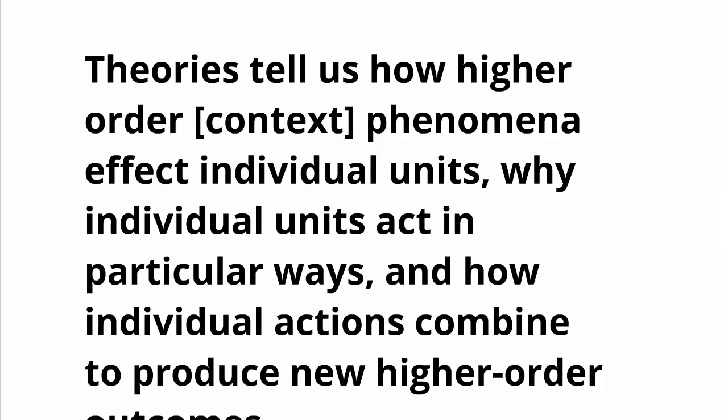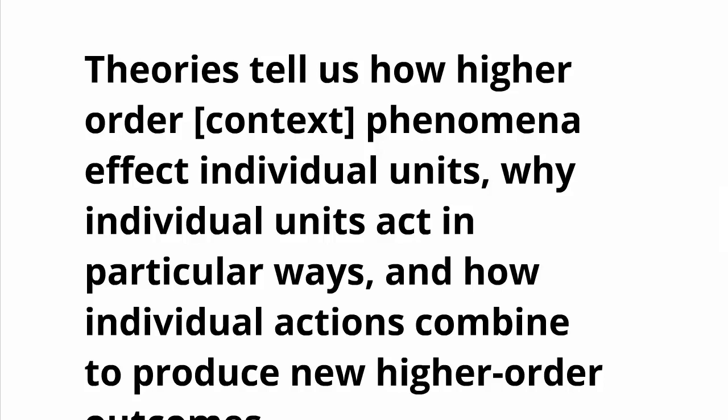This is from an author named Kiser and Hechter. Theories tell us how higher order phenomena affect individual units, why individual units act in particular ways, and how individual actions combine to produce new, higher order outcomes. This is a rational choice explanation of what theory is and why theory is useful.